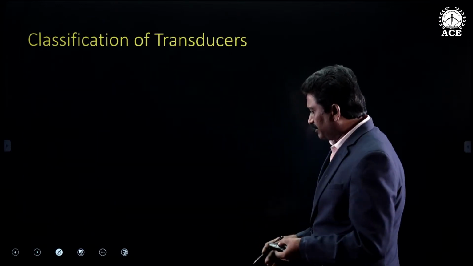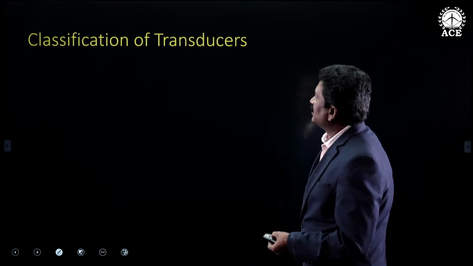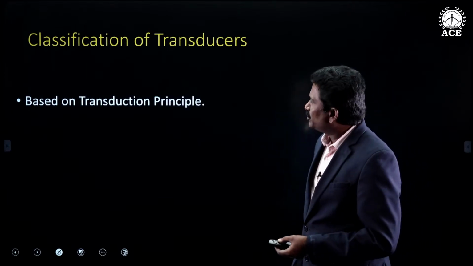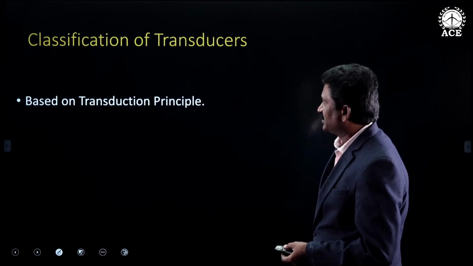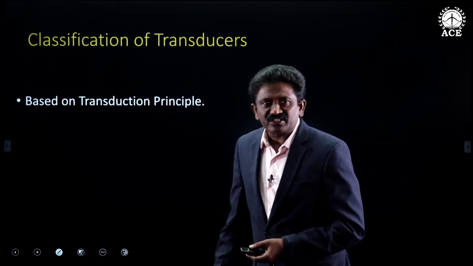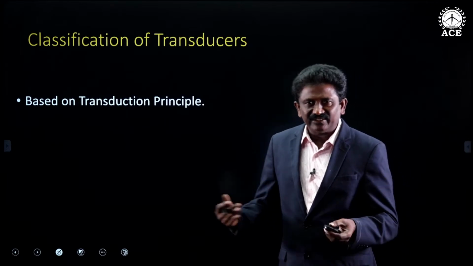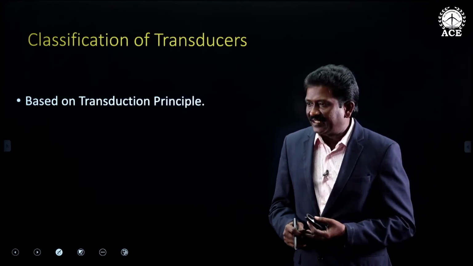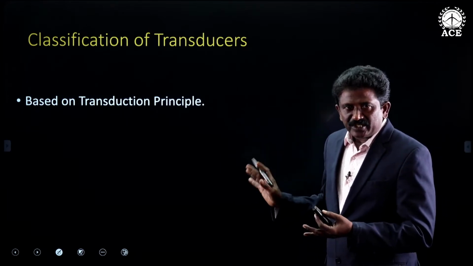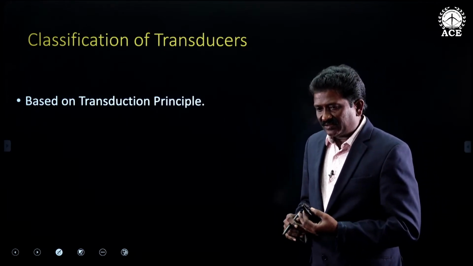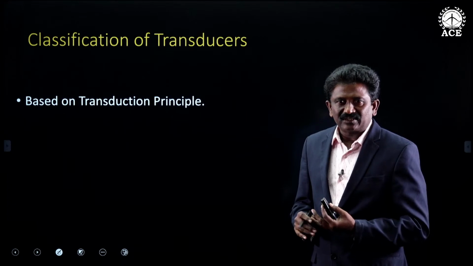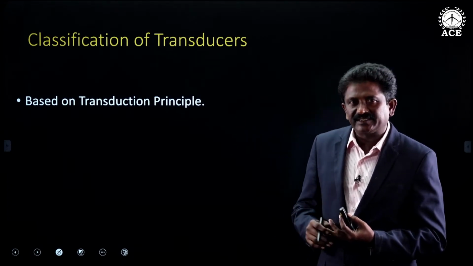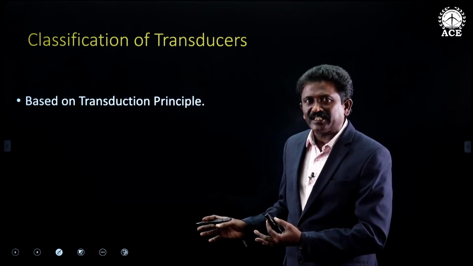According to our definitions, we have five types of transducers. Simply you can say the classification of transducers. The first one is based on transduction principle. What is the meaning of the transduction principle? You already know the definition of the transducer: any transducer converts one form of energy into another form of energy.